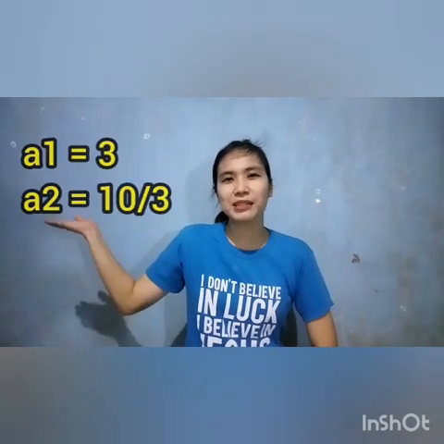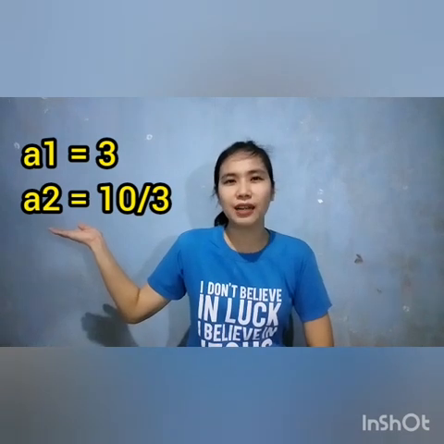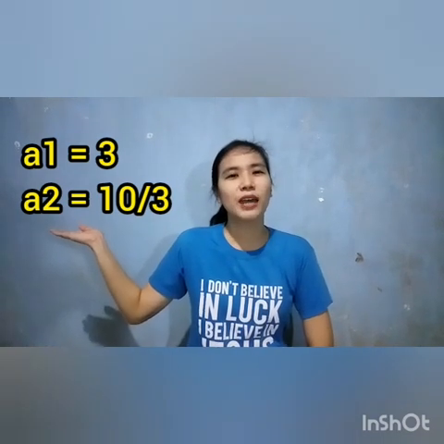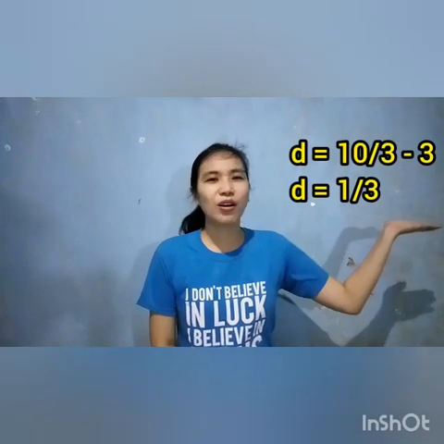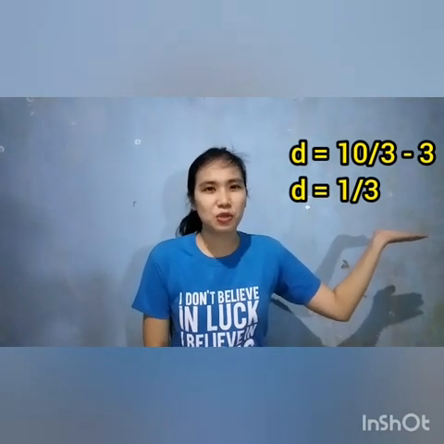So before we find our n, we can first solve for the value of the common difference because the two terms are given. So we have a sub 1, which is 3, and a sub 2, which is 10/3, which can be subtracted. So we have 10/3 minus 3, which is now equal to 1/3.